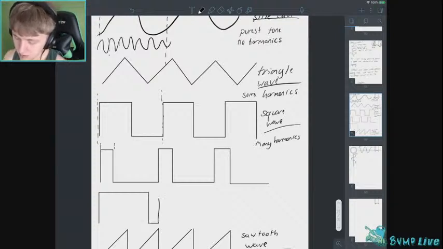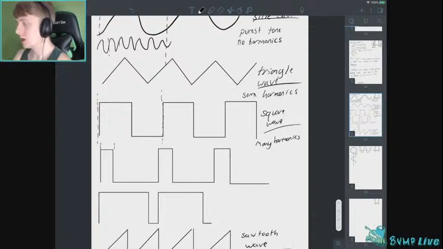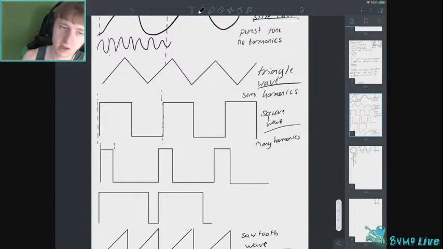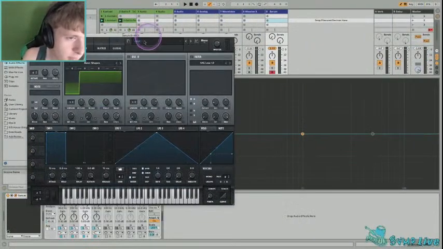Do it like that, and then like that. Whoops, that was not intended. But yeah, you get the idea. You can adjust how long that positive time is for, and you get a different sounding wave as a result.